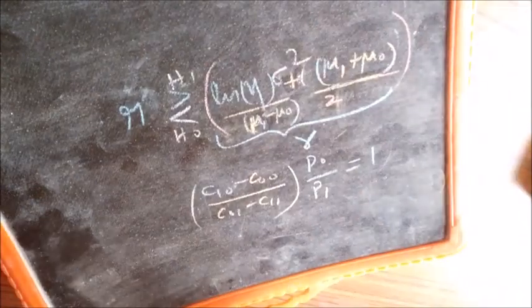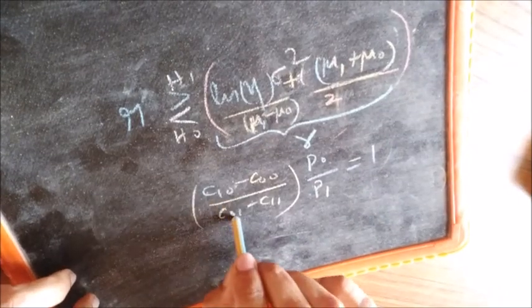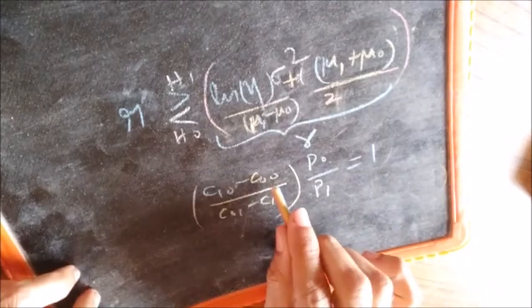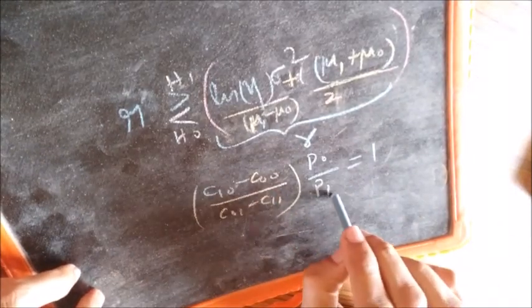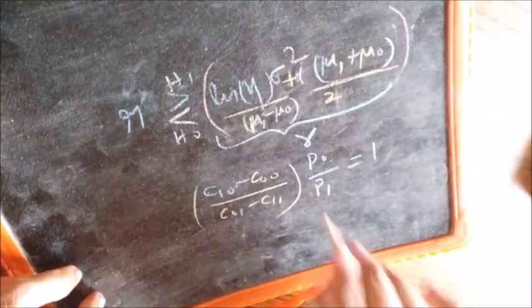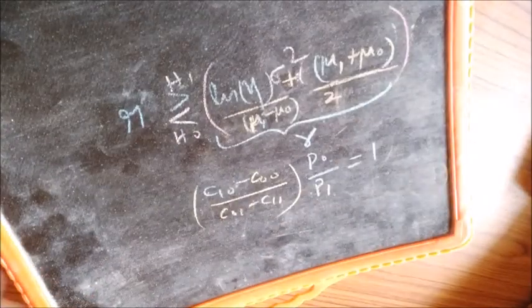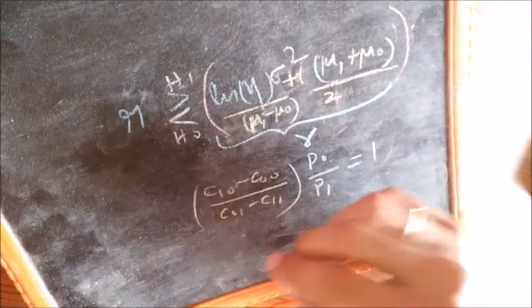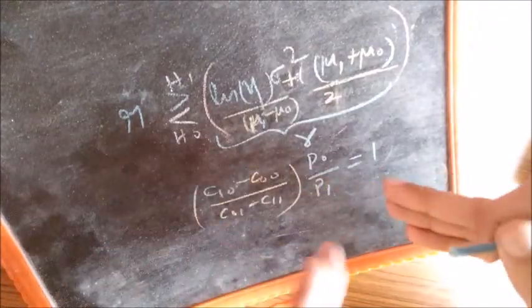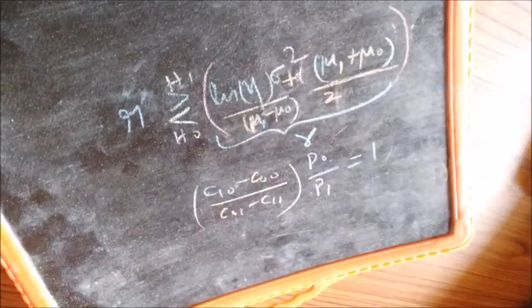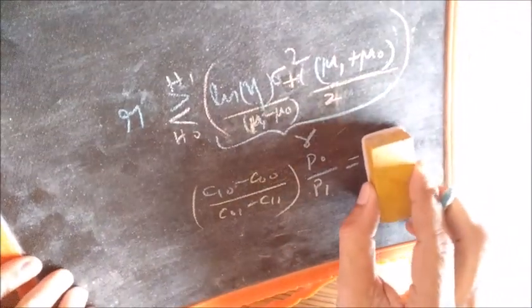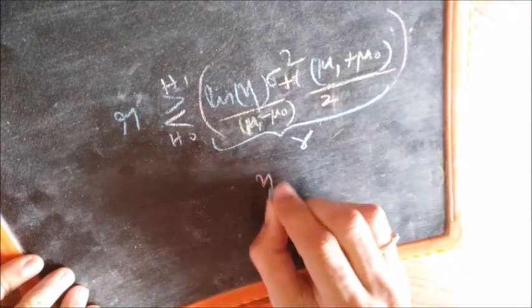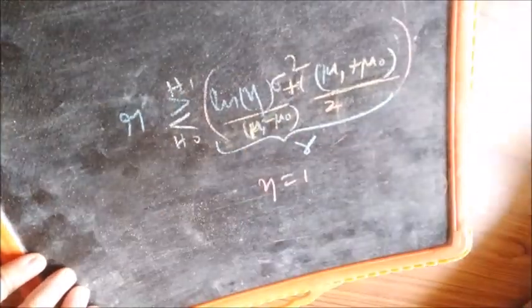One possibility is that C10 and C01 are the same, and C00 and C11 are the same. P0 and P1 are also the same, meaning half each, and the costs are such that these are all the same. In that case, this ratio will become 1. So whenever this ratio is 1, eta becomes 1 and ln eta becomes 0.